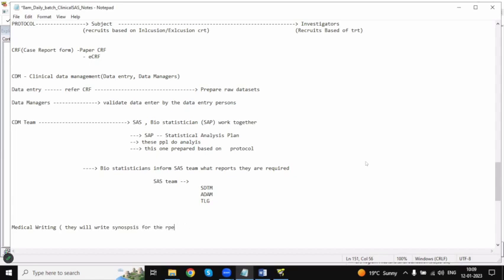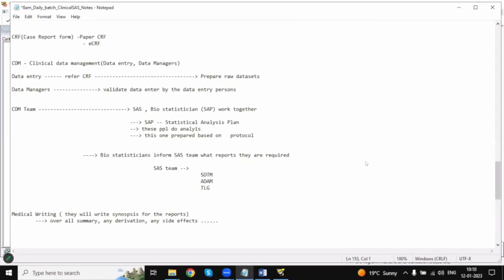Synopsis is nothing but the overall summary of all the reports. Are there any derivations? Are there any major side effects, etc.? Synopsis is nothing but the overview, the understanding from the reports. This medical writing team will write and give it.